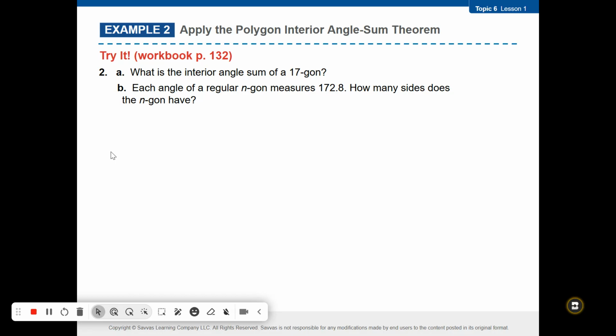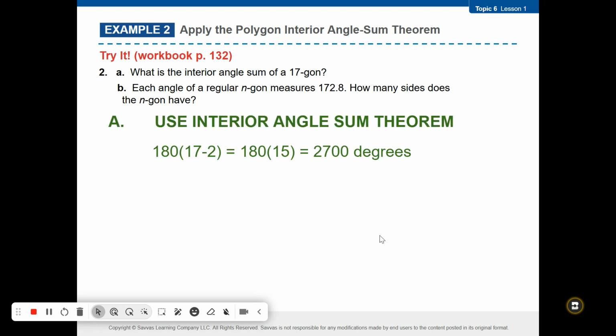Who can tell me? Go ahead, Ian. 2,700 degrees. So the more vertices we add, the bigger the numbers get.